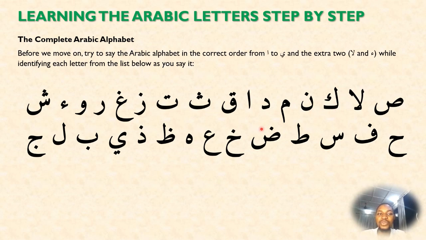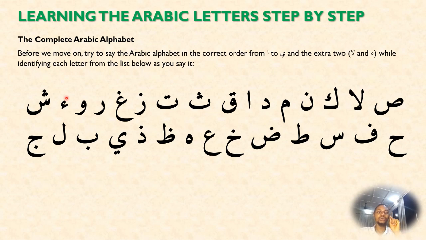Then lam, looking like the handle of an umbrella, remember. Then mim, there you are. Then nun. Then waw. Then ha. Then ya. Then we have the two special letters, lam alif and hamza. This is lam alif, remember the two branches, and this is hamza.